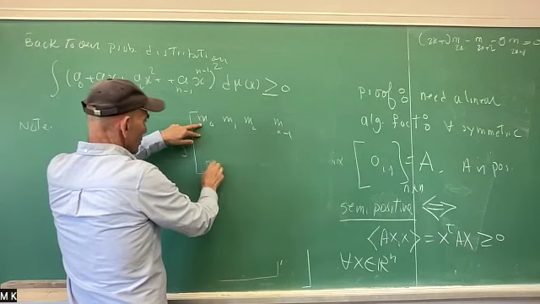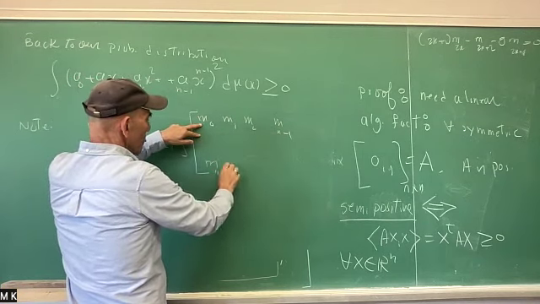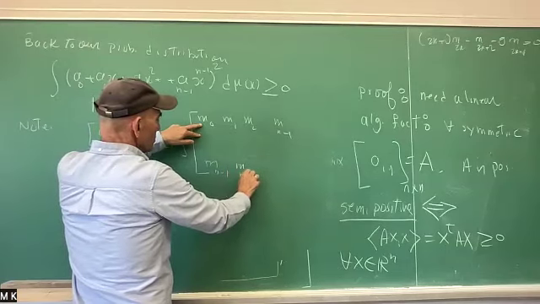What should I put here? m_{n-1} maybe, and then m_{n-2}.